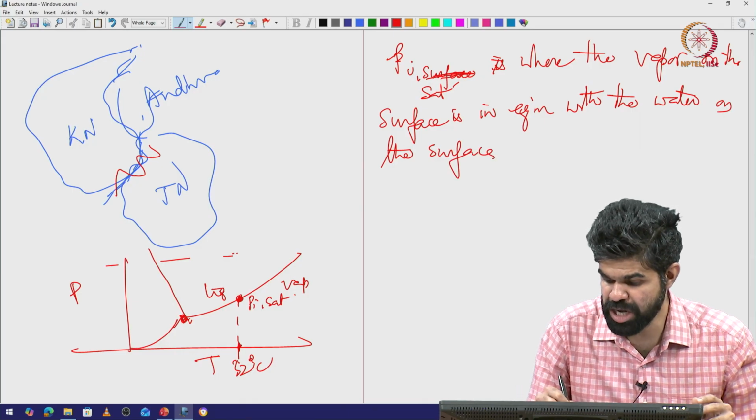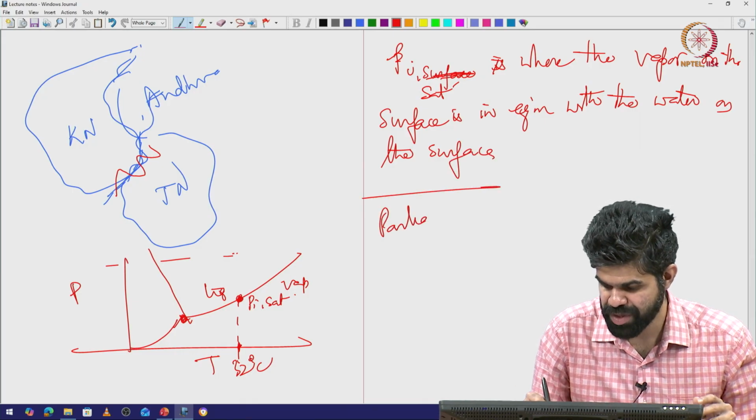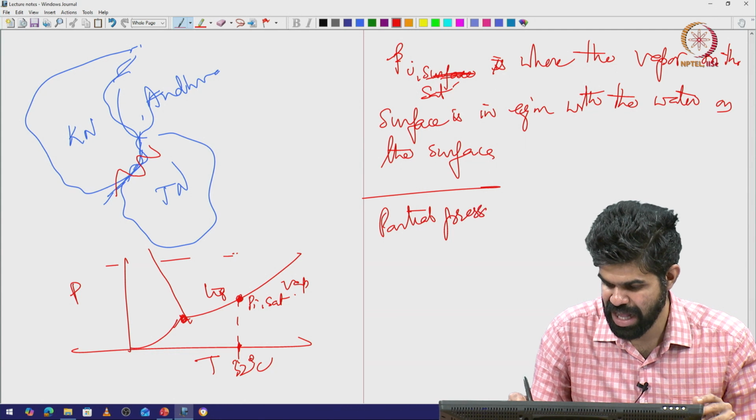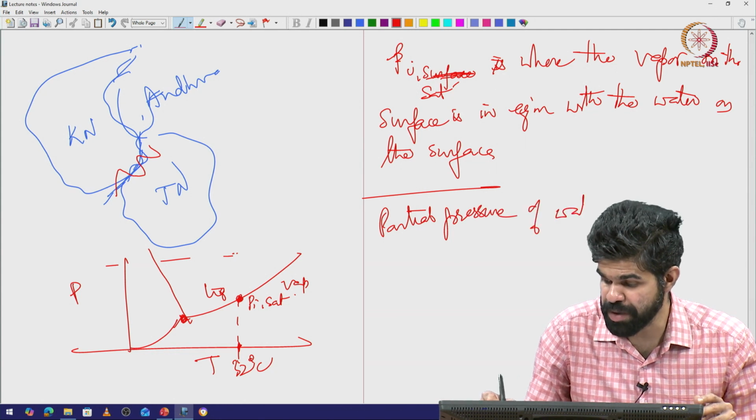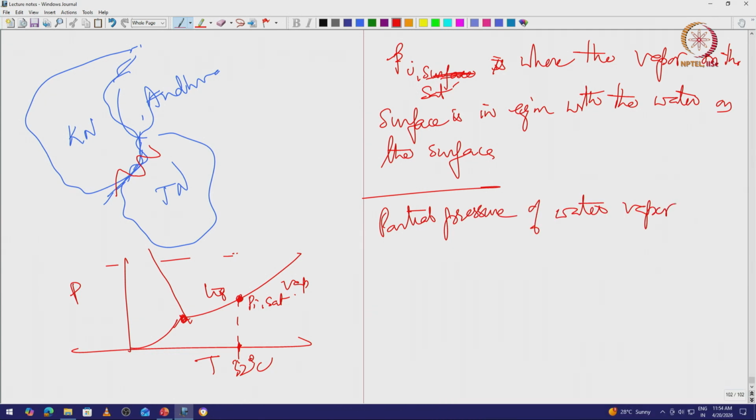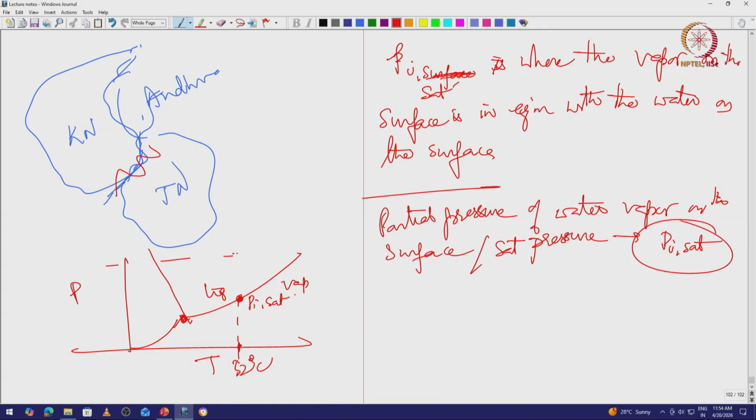So then the partial pressure of water vapor on the surface, or what is called the saturation pressure, is given by the phase diagram, and that is nothing but Pi sat, i for partial pressure of water vapor and sat for saturation, okay. So let us remember this number, okay.